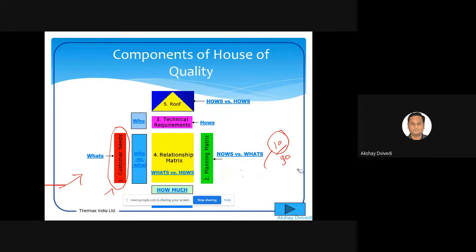There is a wonderful saying given by a wonderful quality guru, and that saying is: vital few, trivial many. This implies when I talk, let's say, with respect to customer requirements, there are a few customer requirements which are vital, and the remaining are trivial.